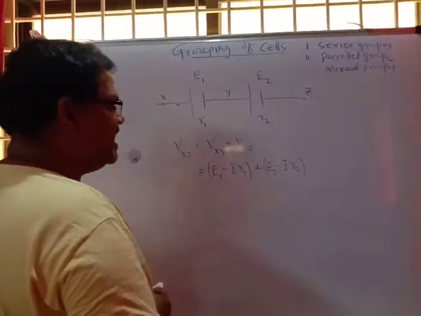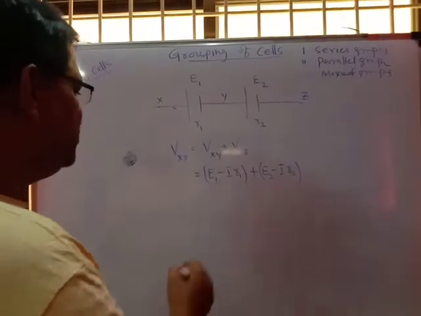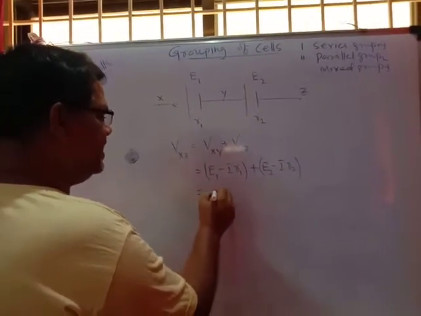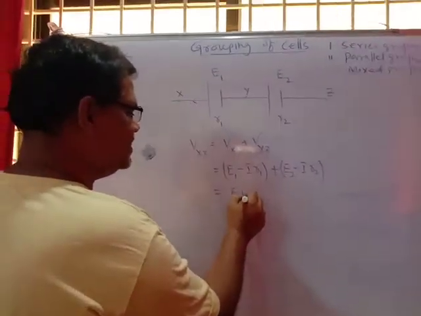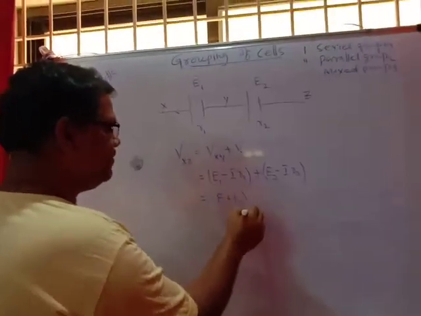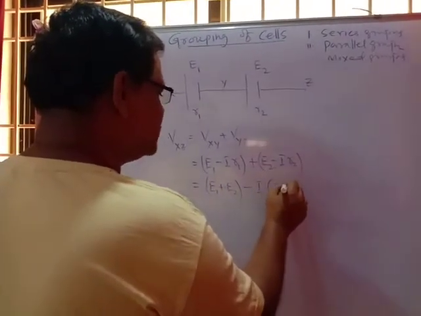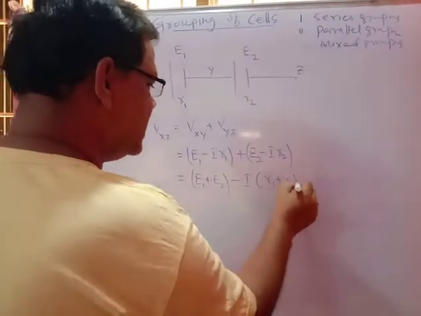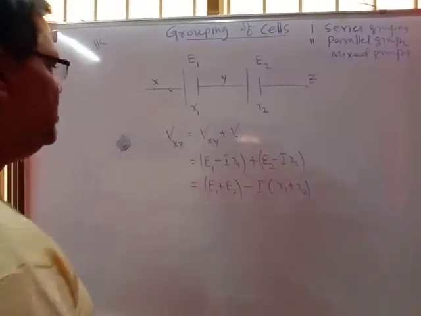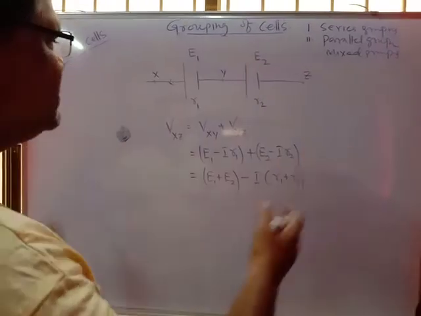So this will be equal to E1 plus E2 minus I taken out, R1 plus R2.